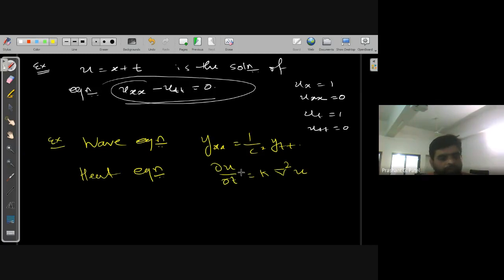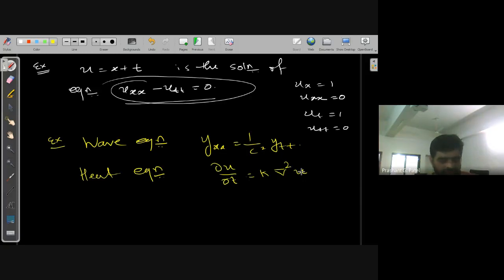If you consider a homogeneous isotropic solid, that means you take some material which is homogeneous and isotropic, and if you put a fire at the bottom of that material, how the heat will spread throughout that material, the study of that leads to this equation, and that's why this is known as a heat equation.